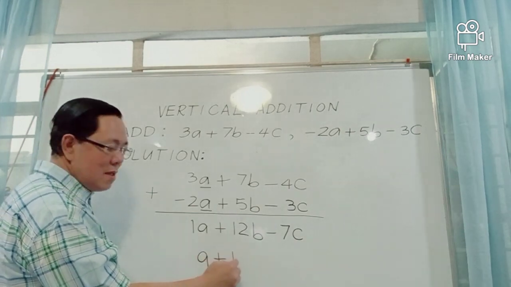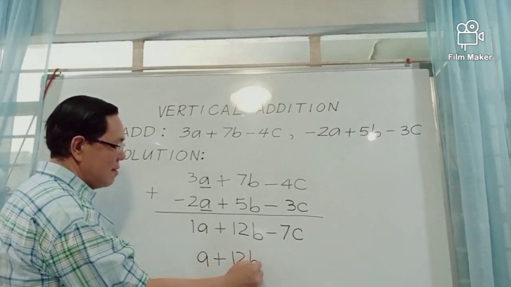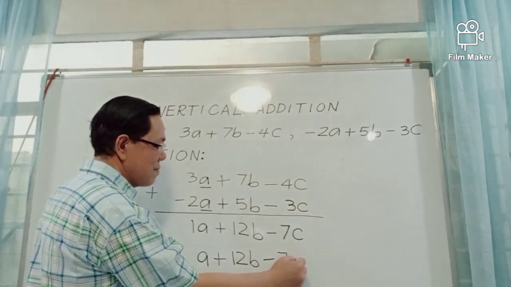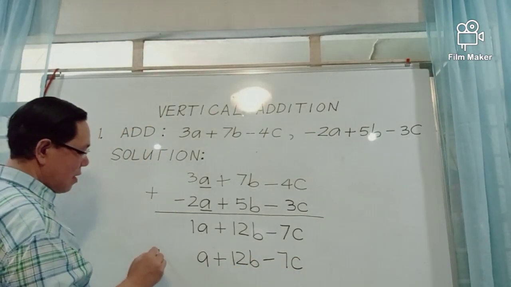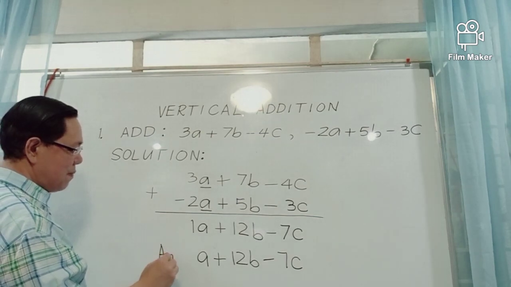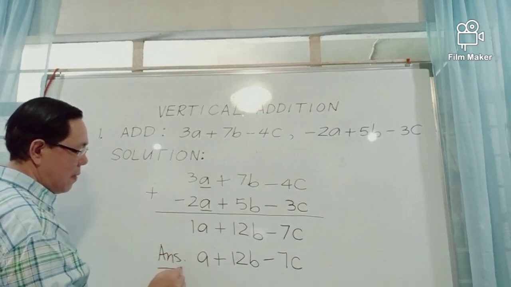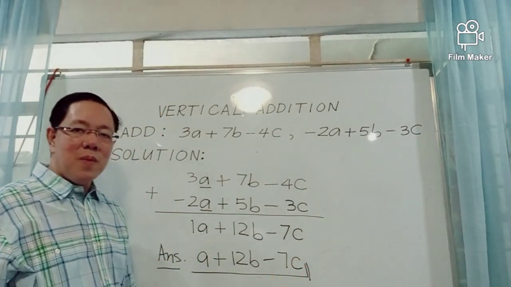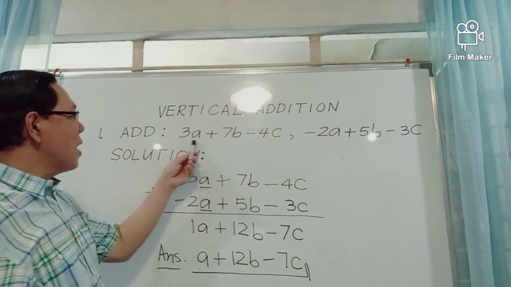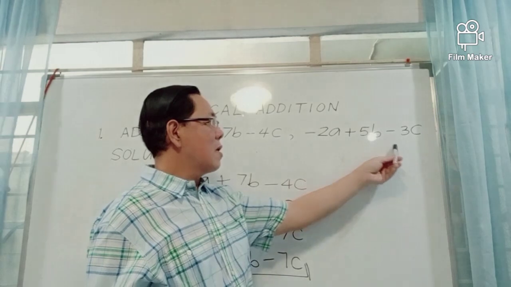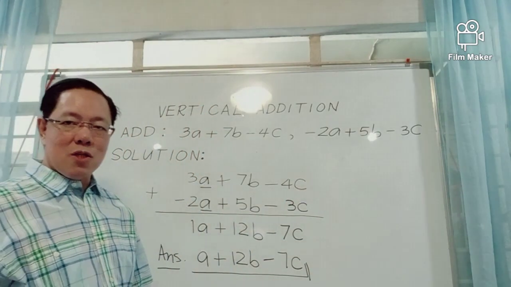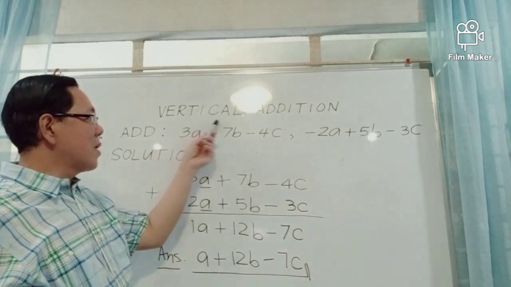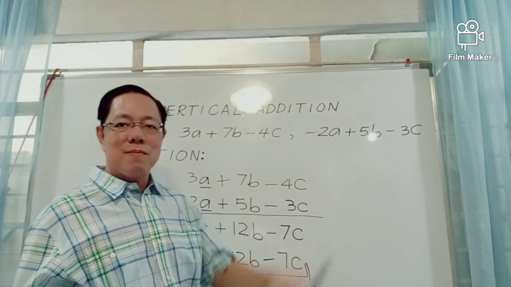Plus 12b minus 7c, and this is the sum of the two algebraic expressions which we obtain by addition, particularly by using the method of vertical addition.